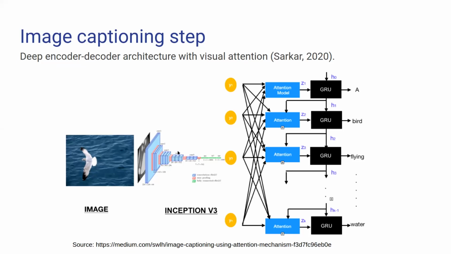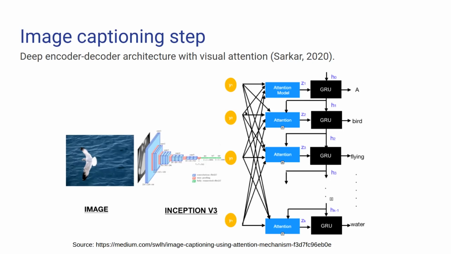So in the encoder step, we use this convolutional neural network, and after all the convolutions and the pooling operations of this neural network, we have a vector representation of the image.